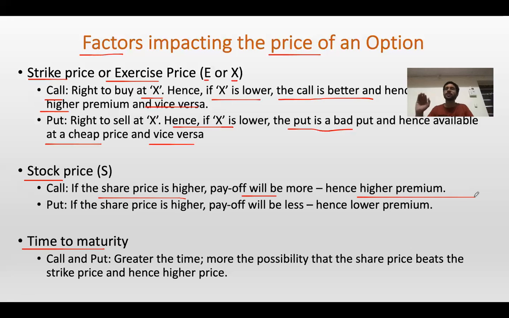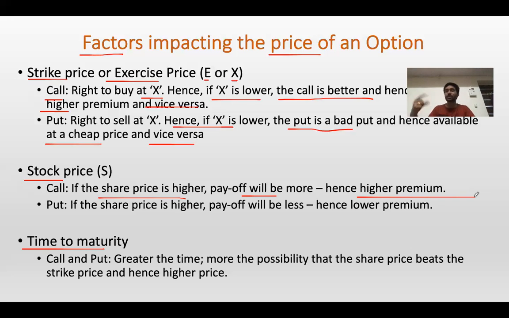The second put option is better, because it will start giving a positive payoff if the stock price falls by $7. For the first put option to start giving a positive payoff, it has to fall by $20. So the second put option is better off than the first put option.